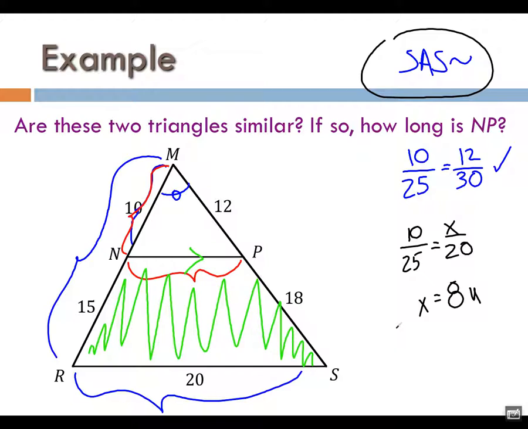This is parallel to this now? They're similar. NP and RS are similar. Triangles can be similar, not sides. Is it because angle R and angle N, or M and P, are congruent?